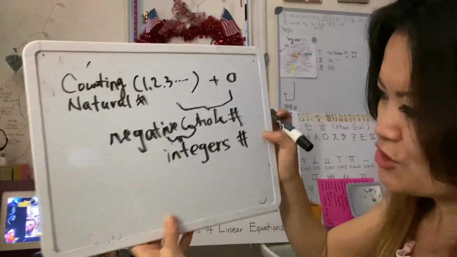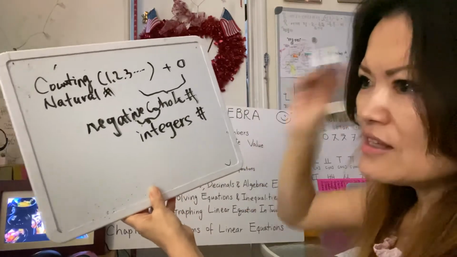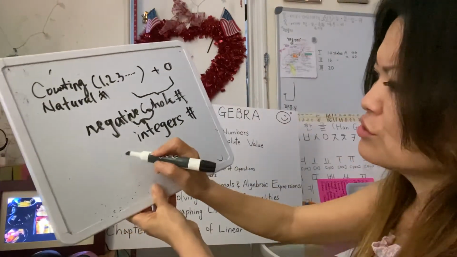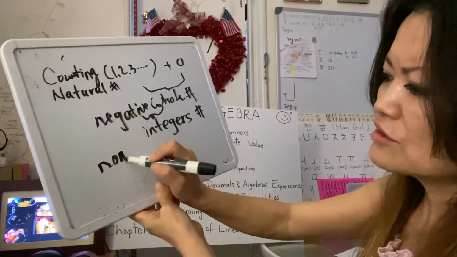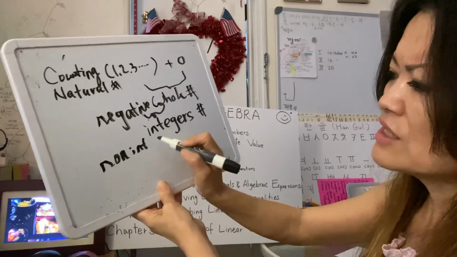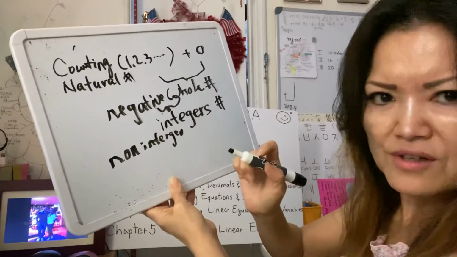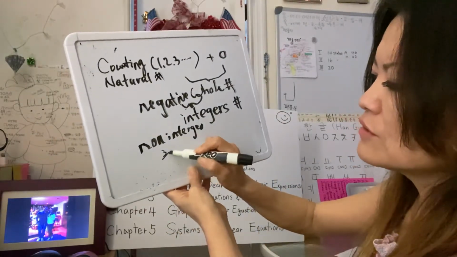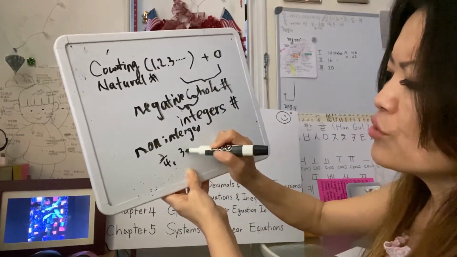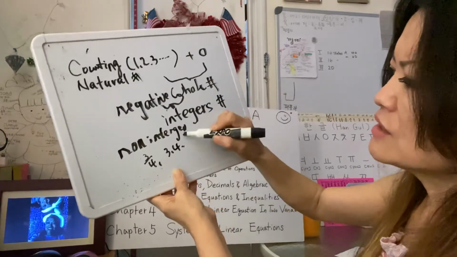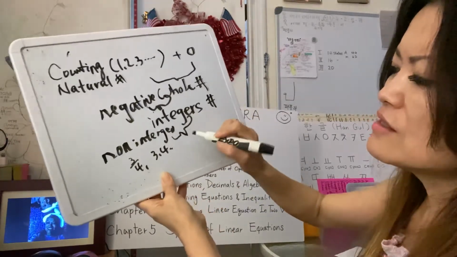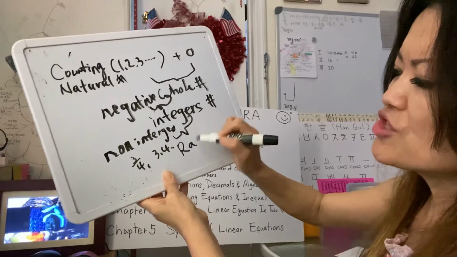So we have integers, and then there are also non-integers. What is a non-integer? A decimal or fraction, like 3/4 or 3.4. Together, these are called rational numbers.